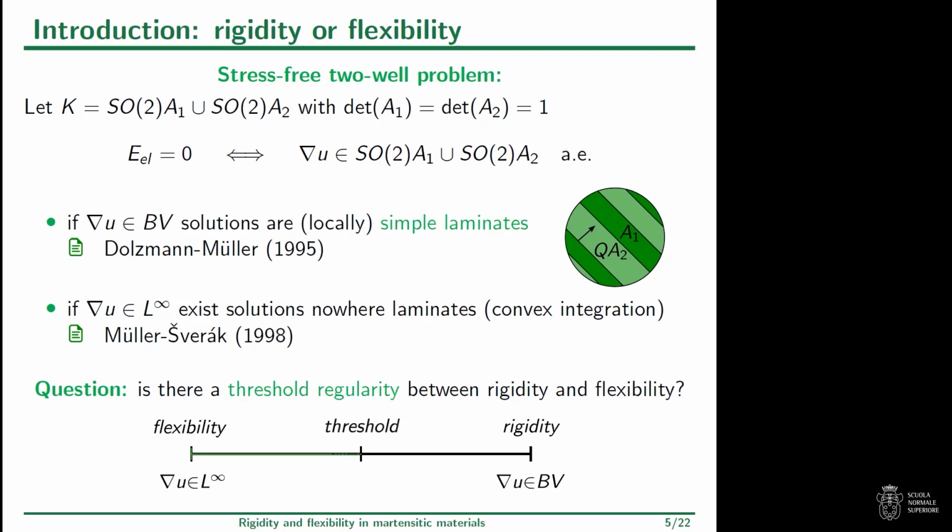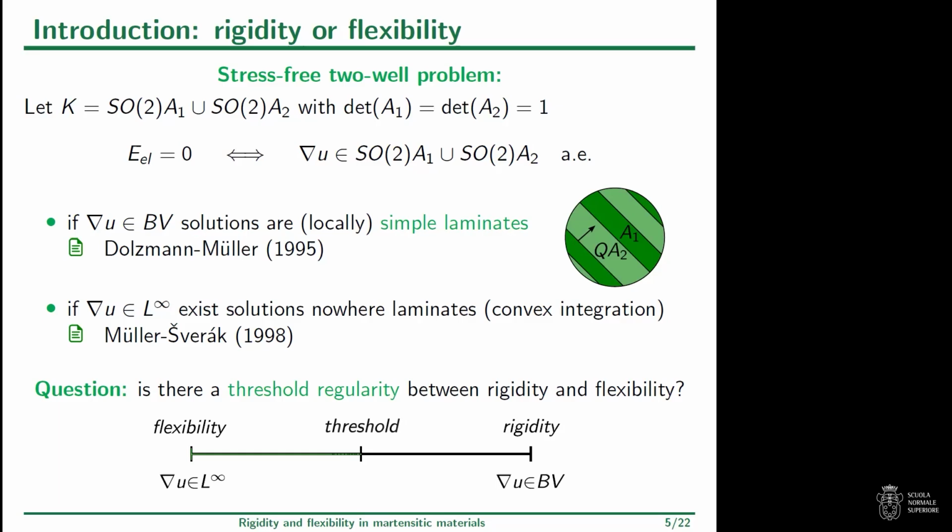Okay, but this is just to say that there are two classes of solutions, and then you want to understand whether you can find a threshold regularity. So this is a mathematical question. As it is posed, it is not super well posed, but I have been a bit sketchy on this.